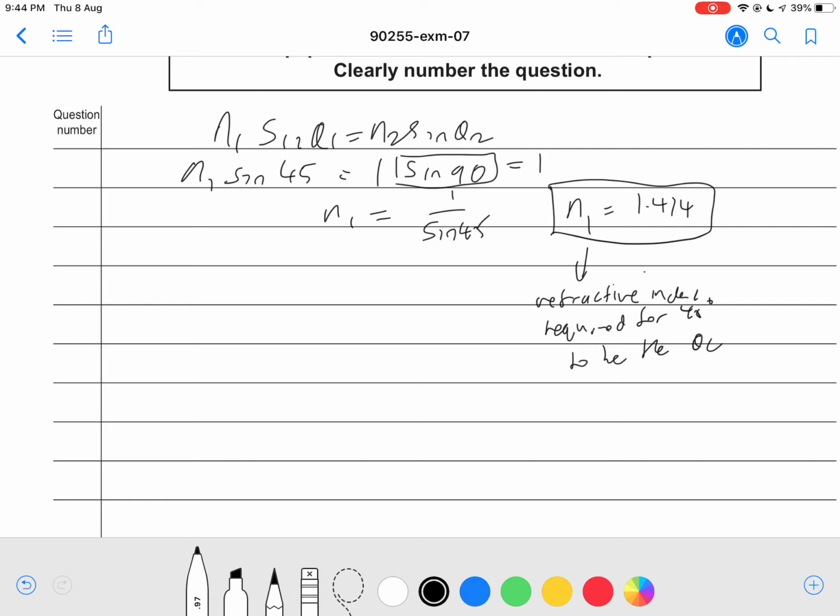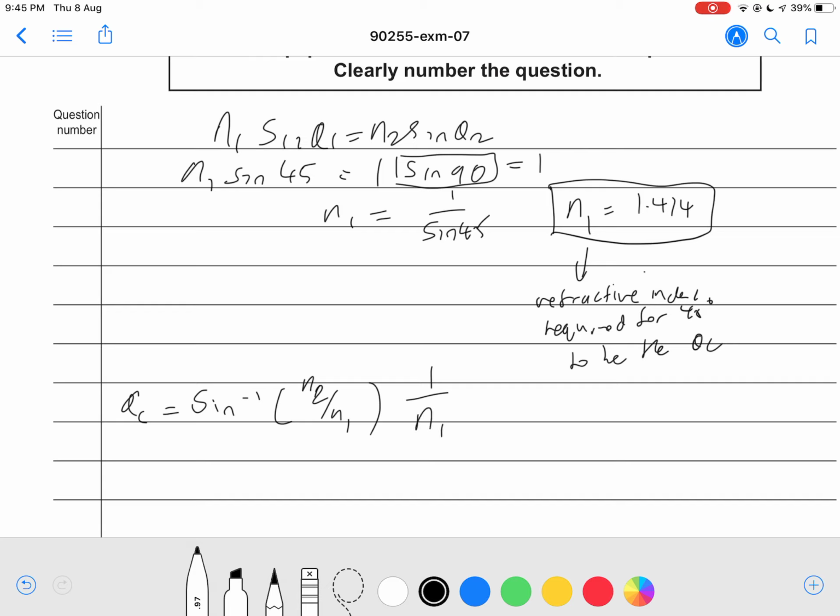However, if we increase the n1, the critical angle will decrease. Okay, how can we prove that? The critical angle can be calculated by the sine inverse of n2 over n1, if I'm not mistaken. n2 is always the same. n2 is always 1.